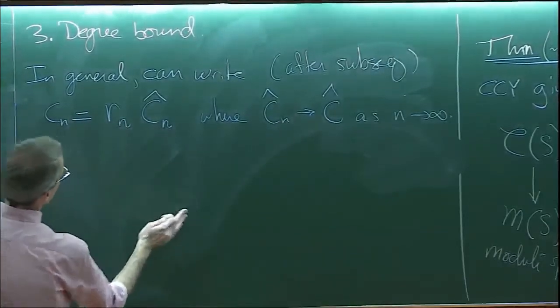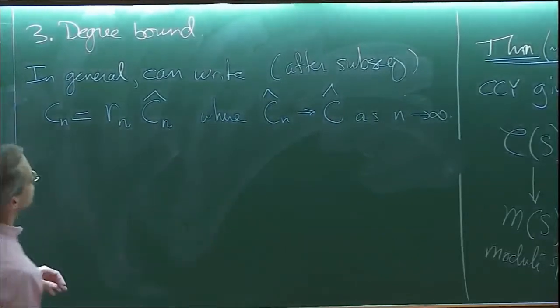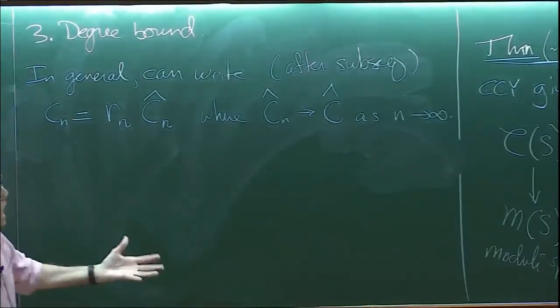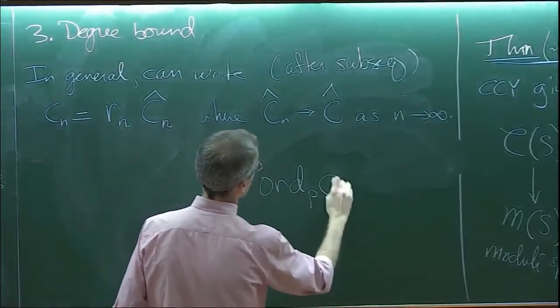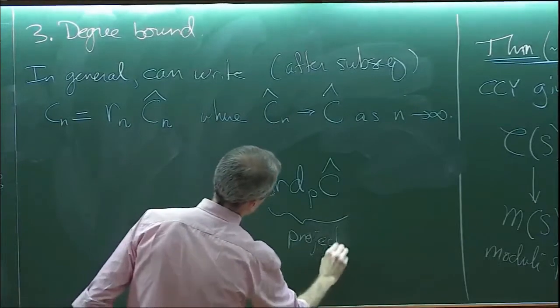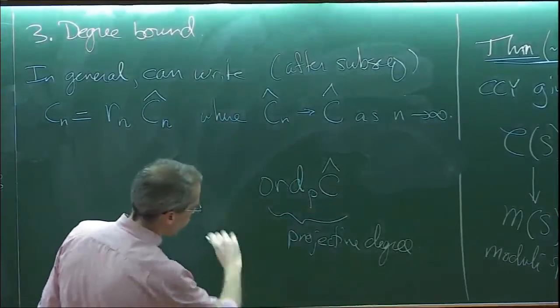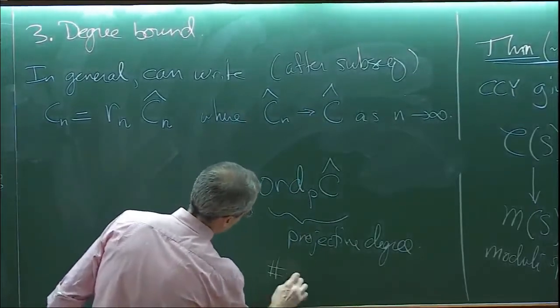So then there's a number that we can associate to this sequence, which is the order of vanishing of C hat at the point P. This I would call the projective degree. Or a more pedestrian term for it would be the number of colliding zeros.